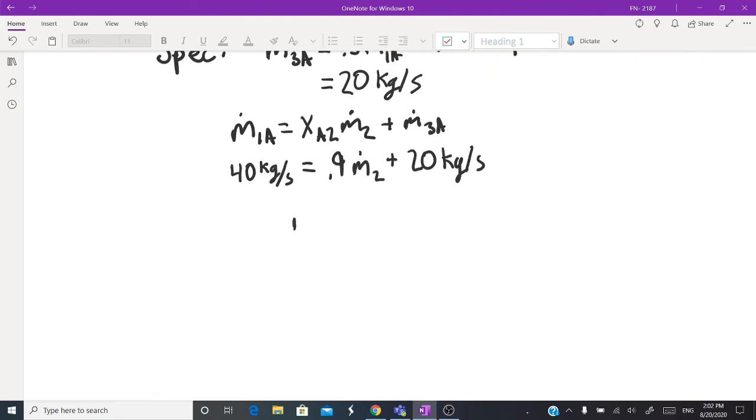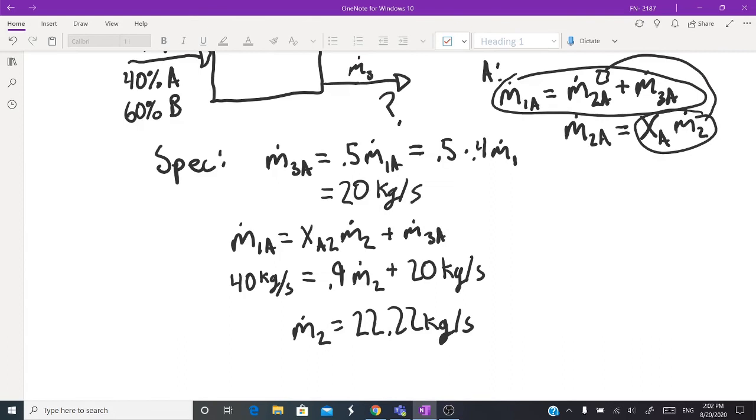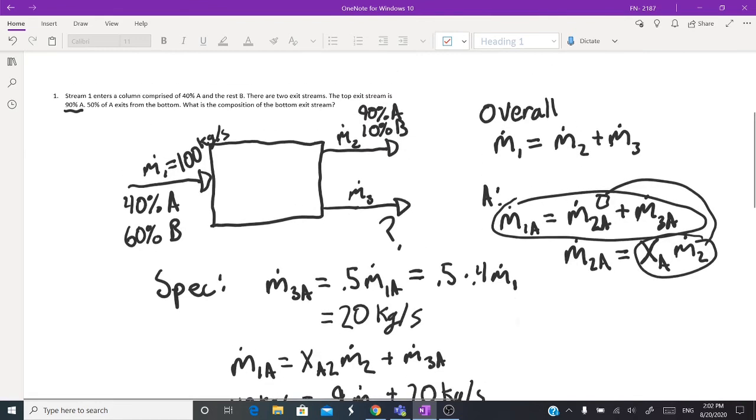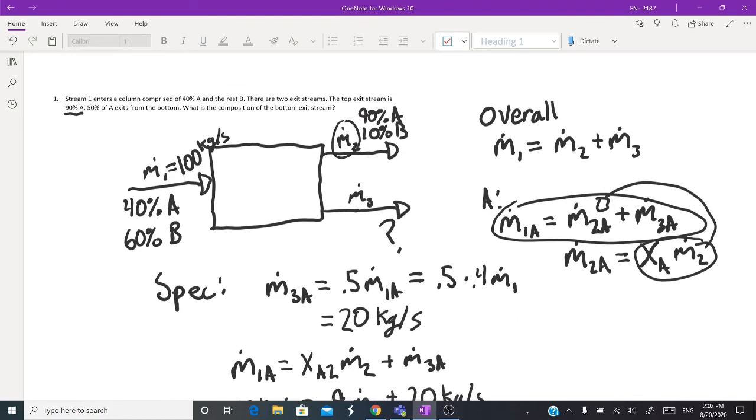That means M2 is equal to 22.22 kilograms per second. So that is the amount of A and B up in this top one right here.